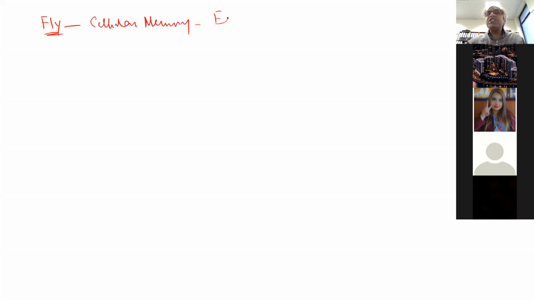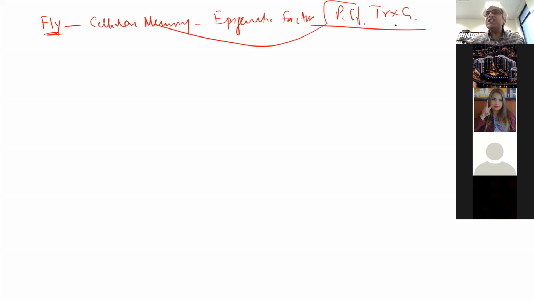This is where epigenetic factors, polycomb group, which are silencers, and trithorax group. So this is responsible for maintaining transcriptional cell memory of silent genes. These are activators responsible for maintaining transcriptional cell memory of active genes.